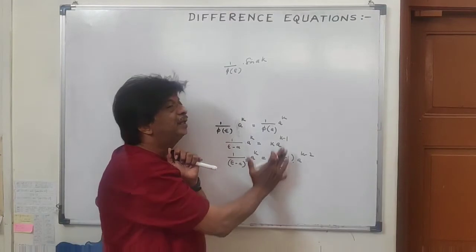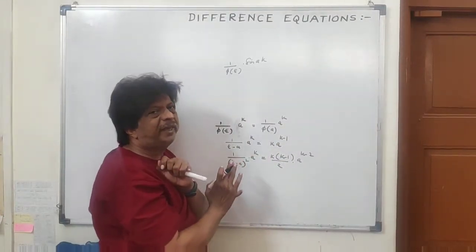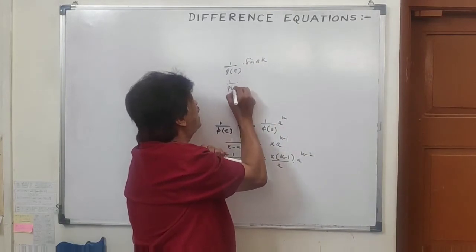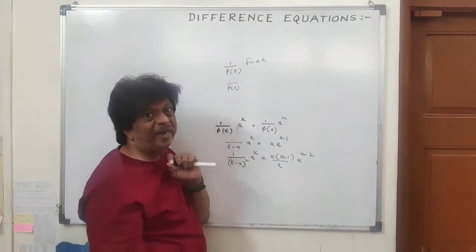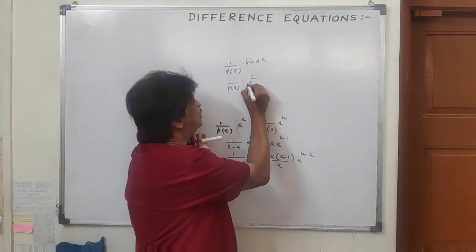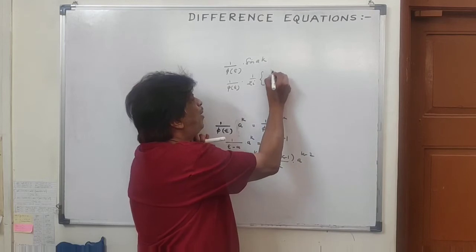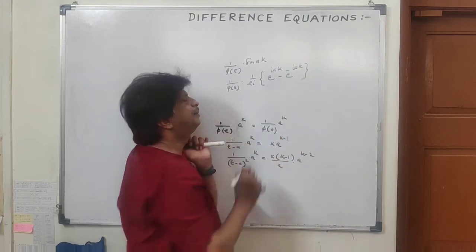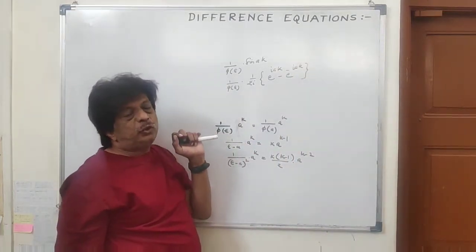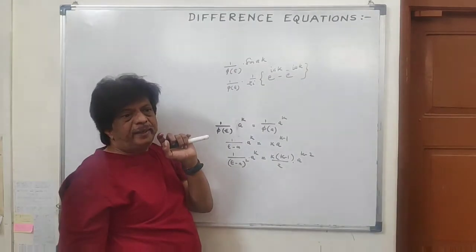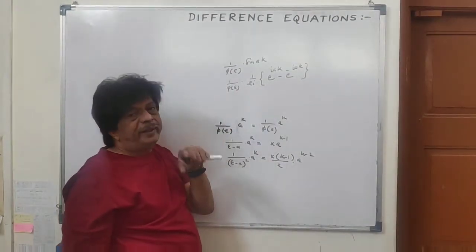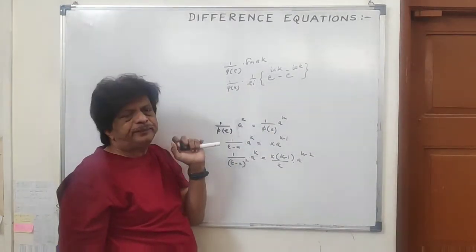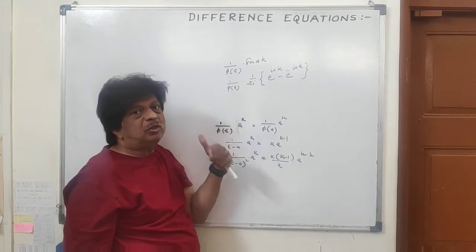We would be using the first case by keeping 1 upon phi of E as it is, and expressing sine of ak as e raised to power i ak minus e raised to power minus i ak upon twice i. So expressing this sine of ak in its exponential form and then using the first case. We have also solved the problem cos of n pi by 2.